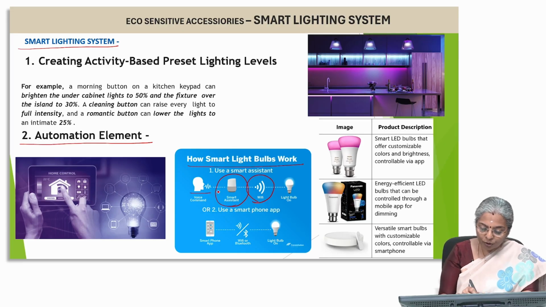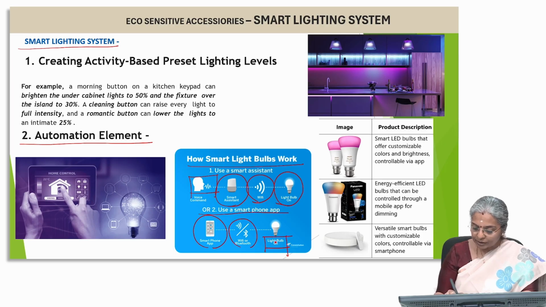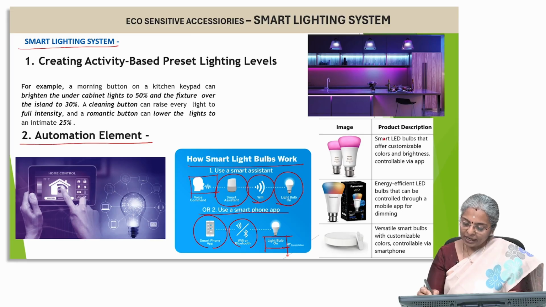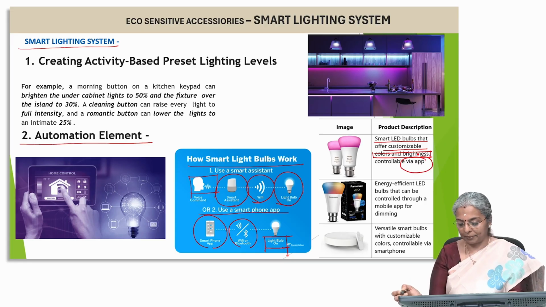Based on your voice command, the light bulb will get switched on, or you can use a smartphone app and control the switching on of light. For example, smart LED bulbs can offer customizable colors and brightness controllable via an app.